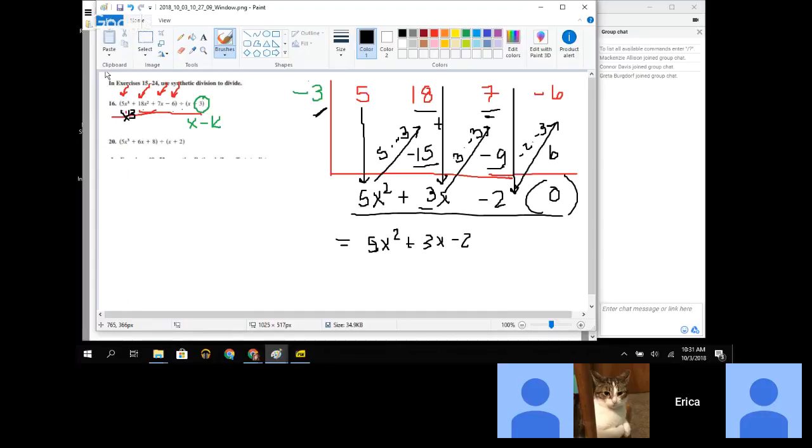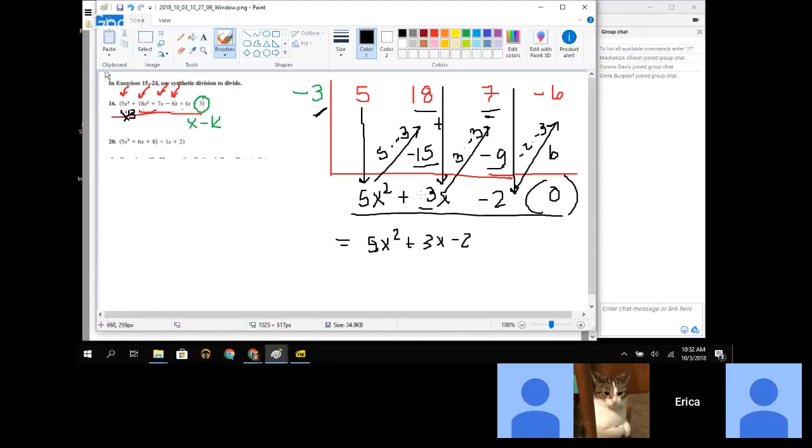I'm just looking at my paper, which one we want to do next. I think we'll skip 20 because we're going to stay on that. So in 15 through 23, when you do your homework, you use this synthetic division, and you're not going to have a remainder. So that's nice, right?